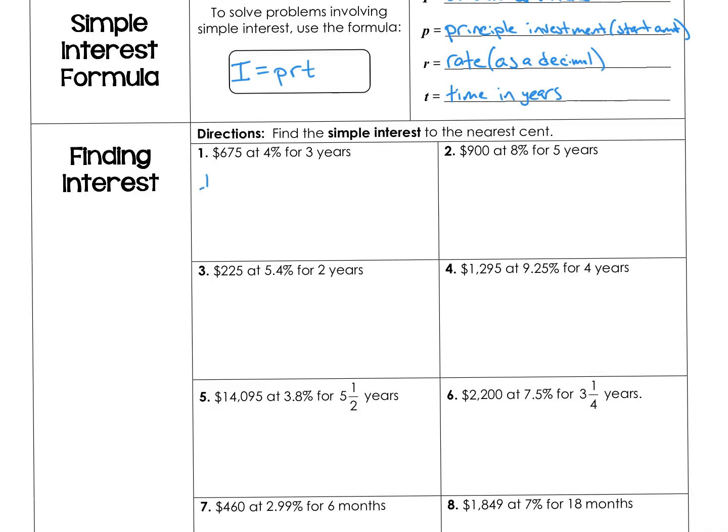The amount of interest that is either earned or paid is going to equal our initial investment, $675, times our rate as a decimal, so 4% is 0.04, and this is for 3 years. Then we just plug it all into our calculator, and our interest ends up being $81.